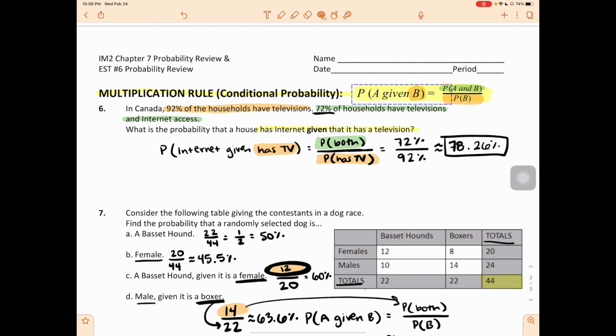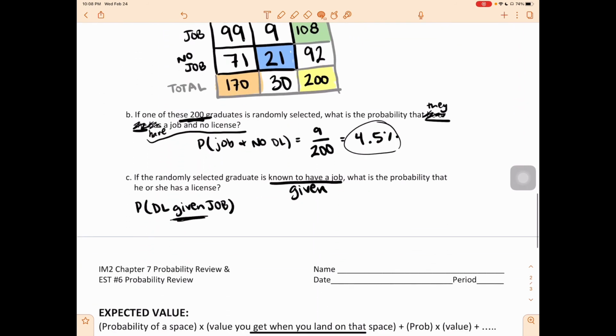So let me see if I can go ahead and copy this for us here. I'll put this down here. All right, so it's probability of A and B over the probability of just B. If we have A given B, the B part is what we were given right here.